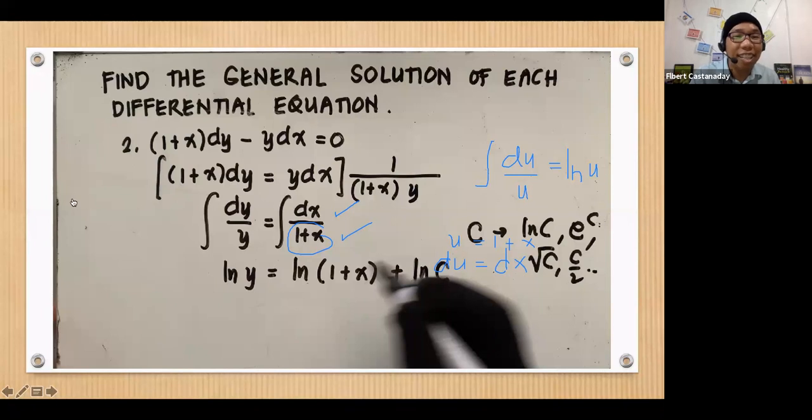When we say ln of x times y, this is actually equal to ln of x plus ln of y.